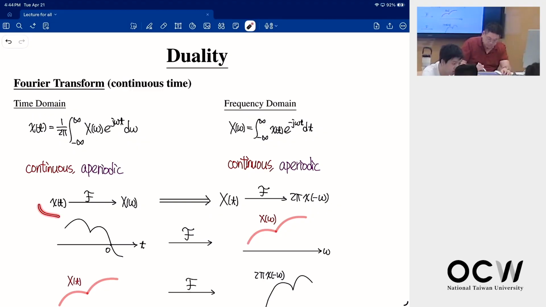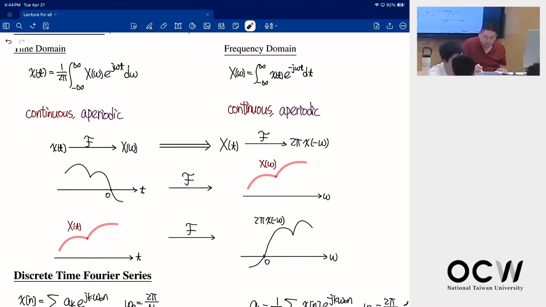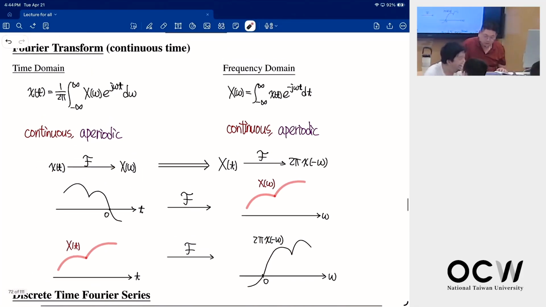So for example, if this is my signal and my Fourier transform is like that, now I consider this figure in time domain and do the Fourier transform again. Then I'll get 2 pi times the original signal, reversed and scaled. Right, that is the continuous time Fourier transform.